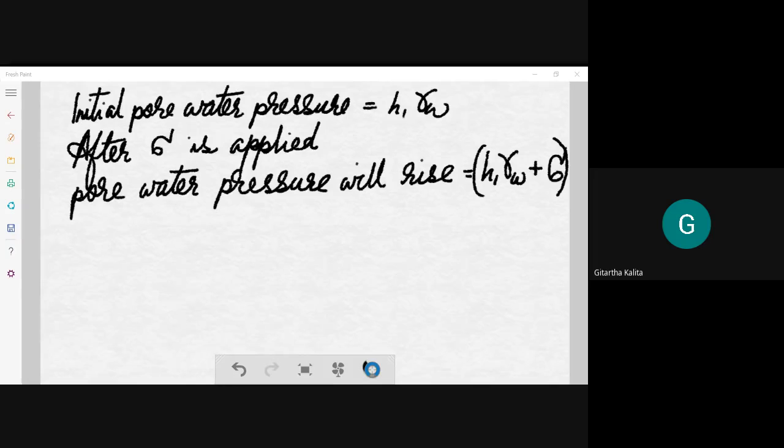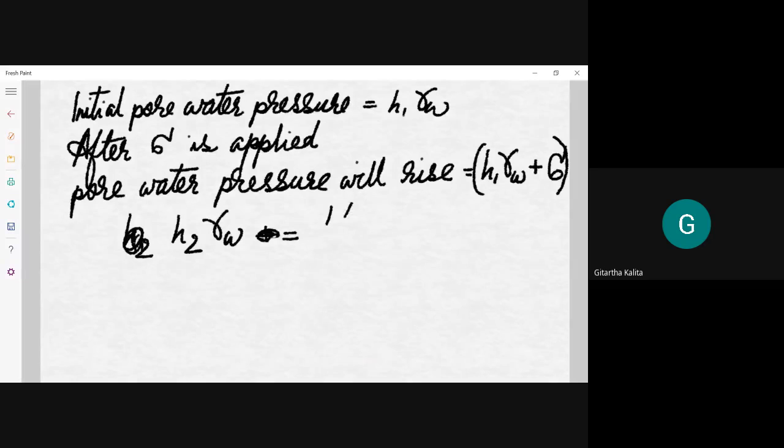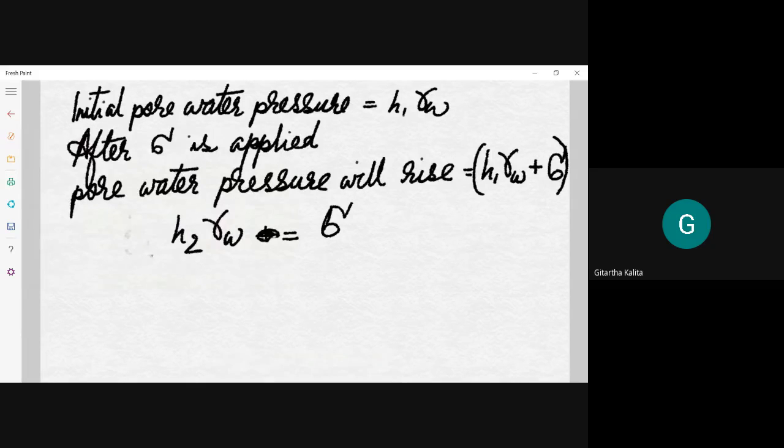Now this H1 gamma water plus sigma, we can denote it as H2 gamma water. Sorry, the pore water pressure will rise. This we know, and this H2 gamma water is actually sigma, because the pore water pressure has risen.